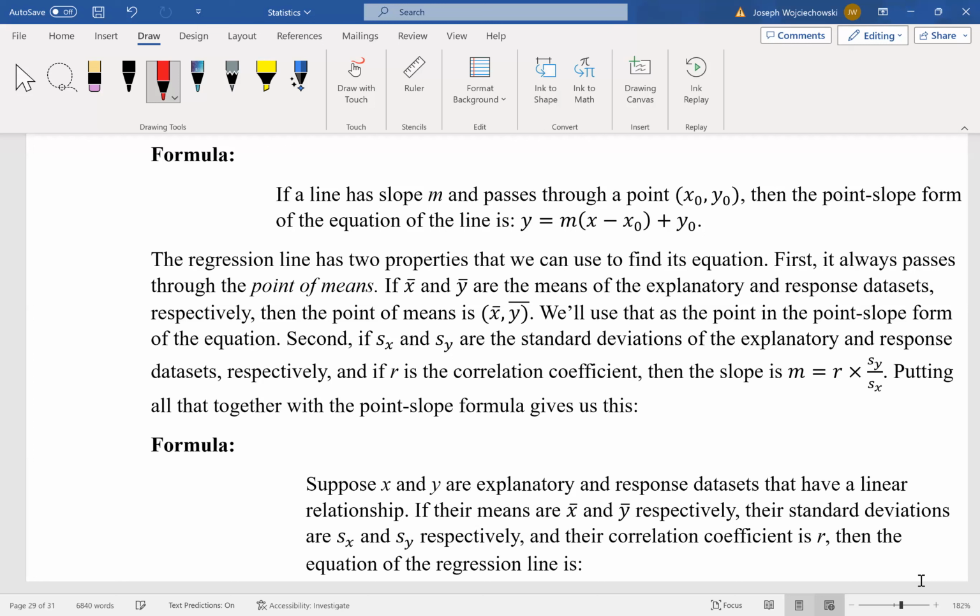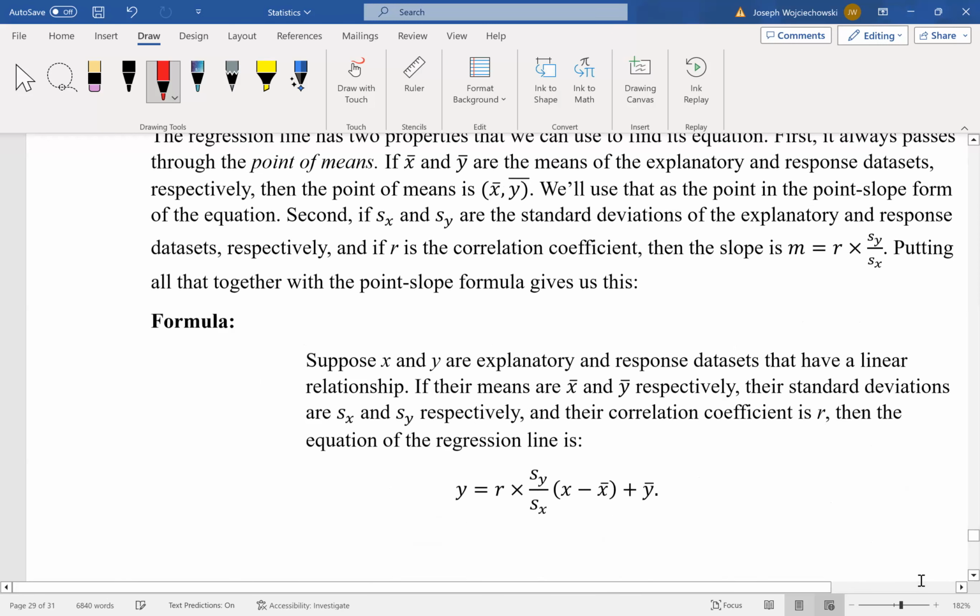Second, if s sub x and s sub y are the standard deviations of the explanatory and the response data sets respectively, and if r is the correlation coefficient, then the slope is m equals r times s sub y over s sub x. Putting all that together with the point-slope formula gives us this.